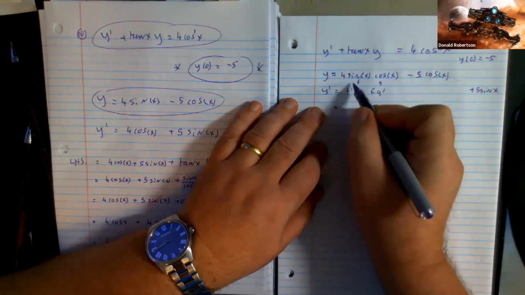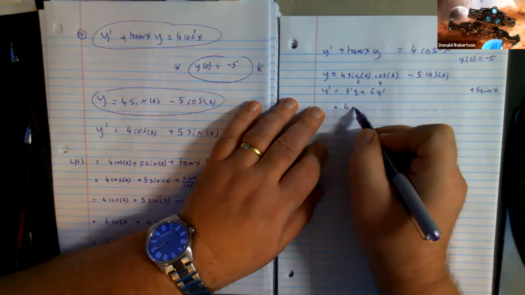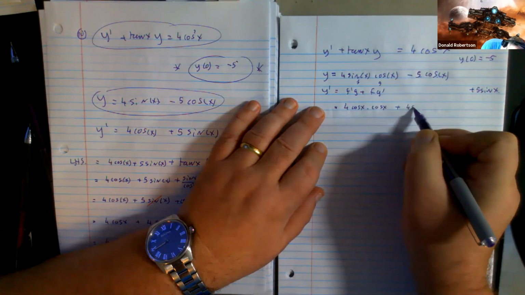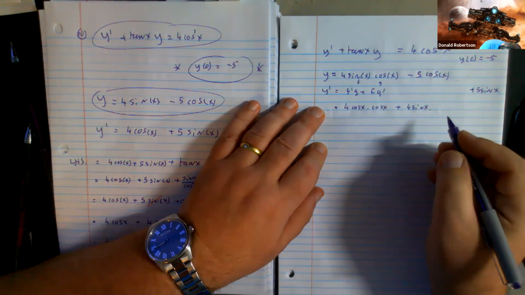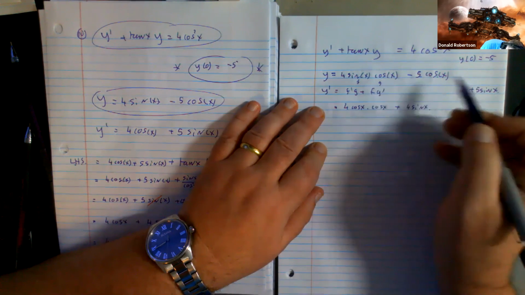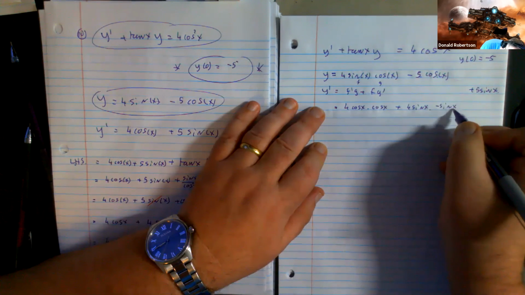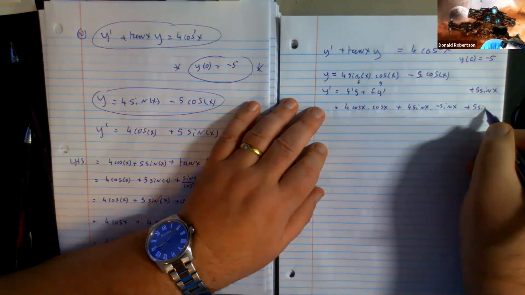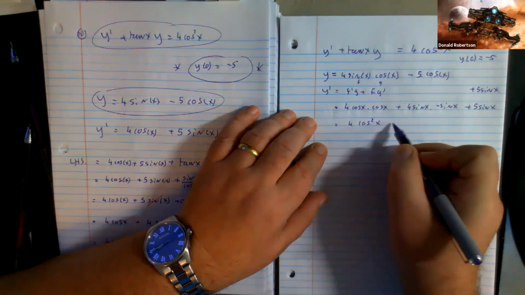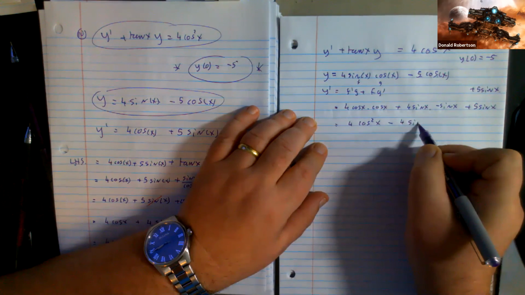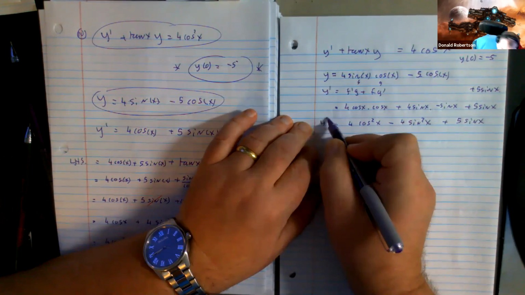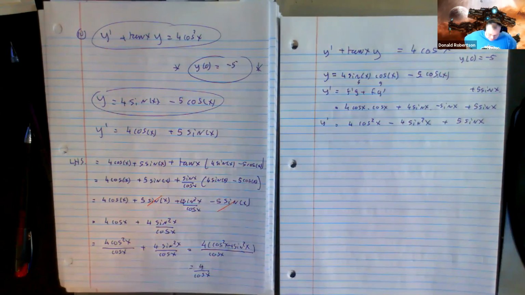So you're going to get 4 cosine x times cosine x plus 4 sine x times negative sine x plus 5 sine x. So it's going to be 4 cos squared x, take away 4 sine squared x, and that's y dashed for you.